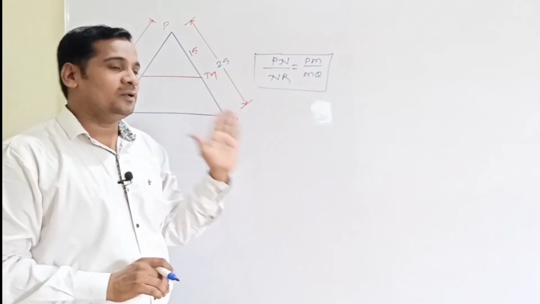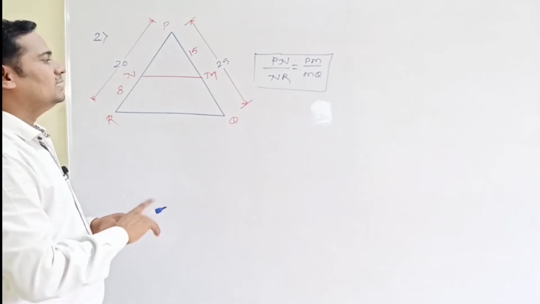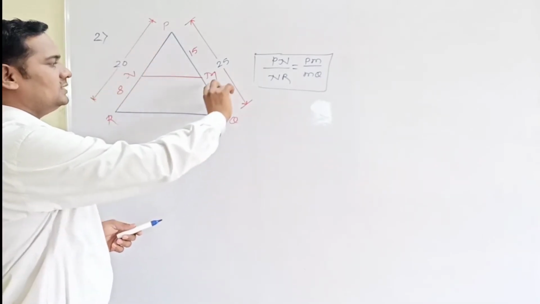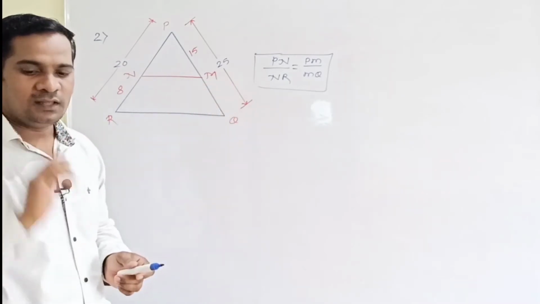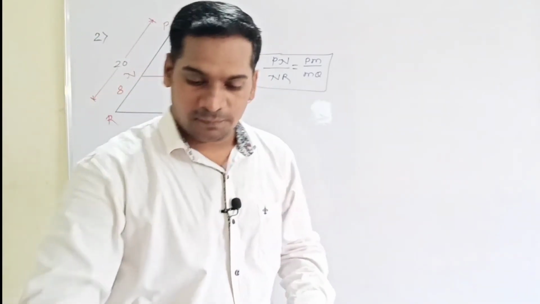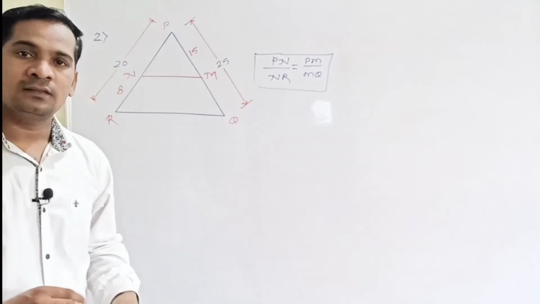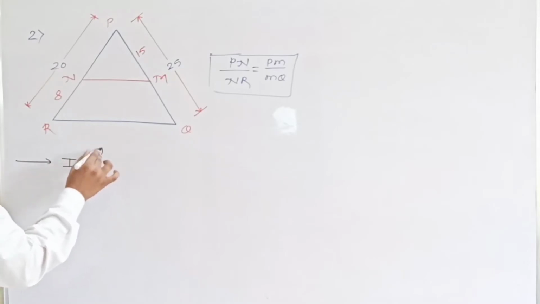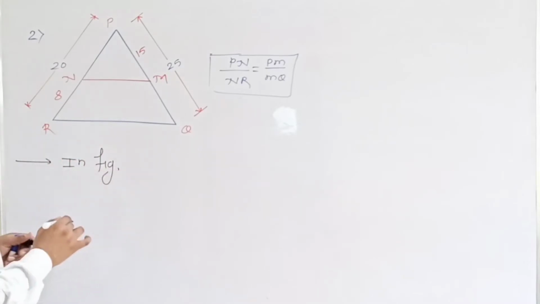So for that purpose we must know the lengths of all the segments here. PN is not given and this MQ is not given. So first of all we will find out those two segments. So in the figure, what is there in the figure?